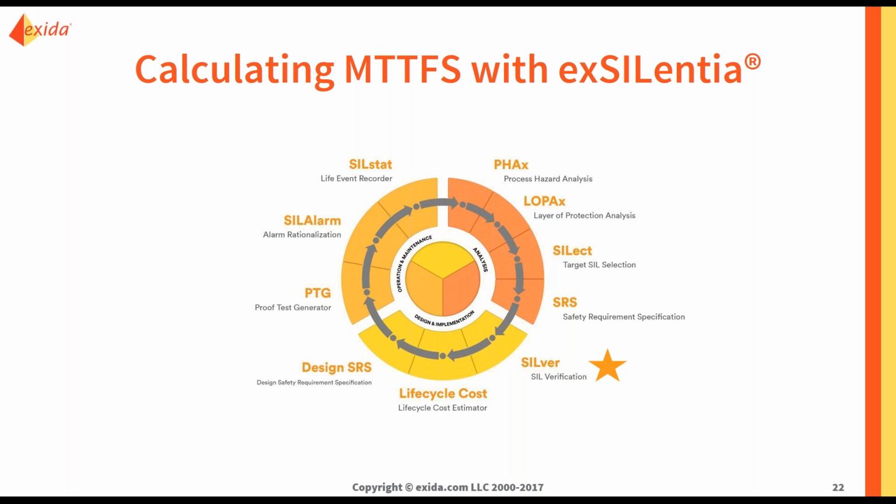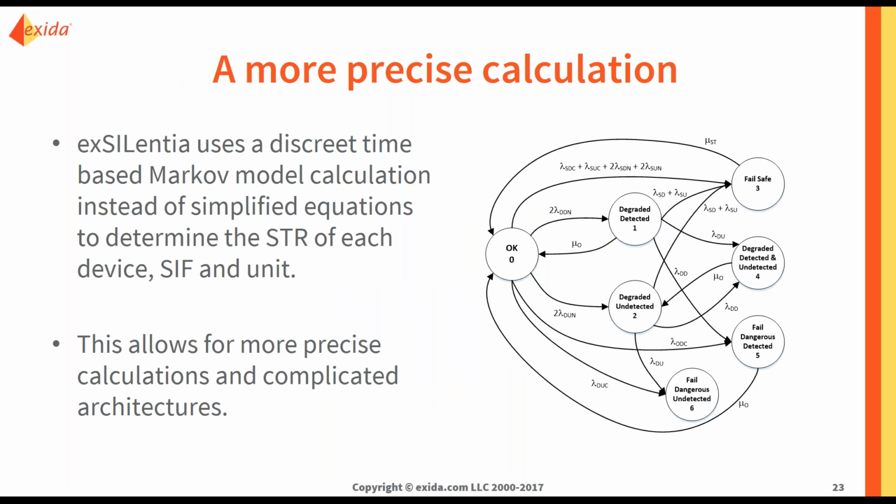In this case, we're using our SIL verification module, which we call Silver. I have a few notes on Silver before we get to the calculation. exSILentia uses a discrete time-based Markov model calculation instead of the simplified equations that I showed you before.